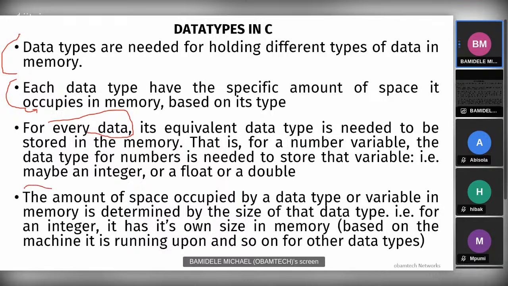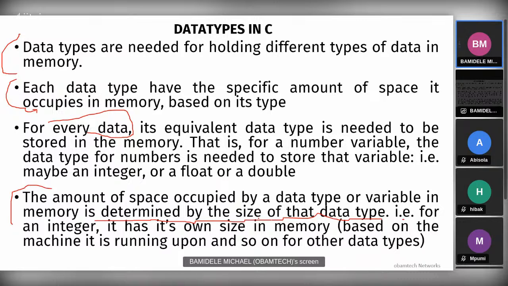Now, the amount of space occupied by a data type or variable in memory is determined by the size of that data type, as I have said before already. And the size of a particular data type is dependent, take this as something that you can hold.